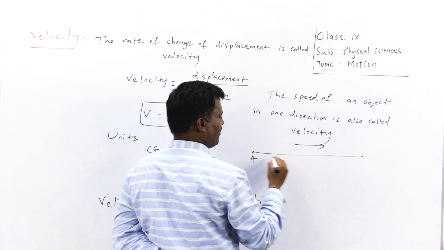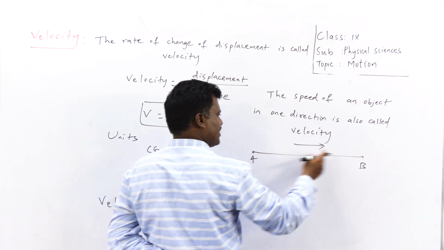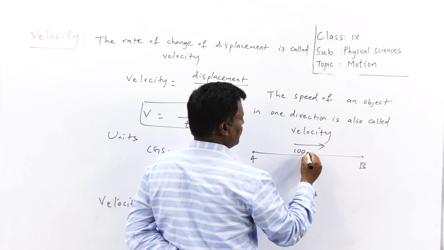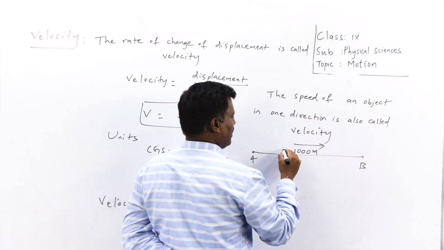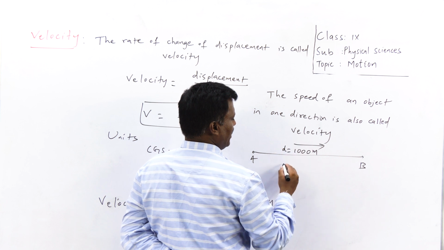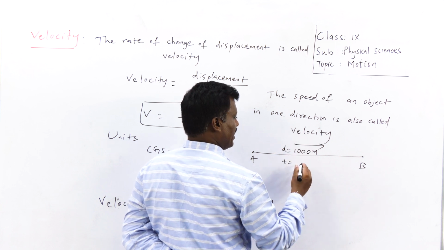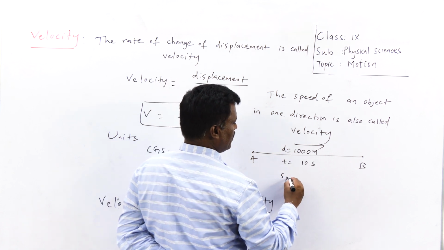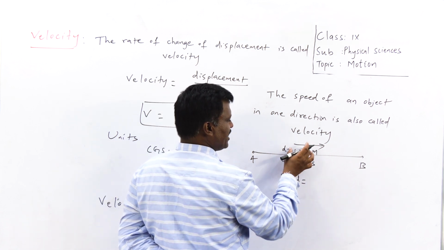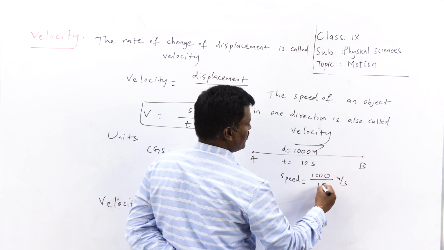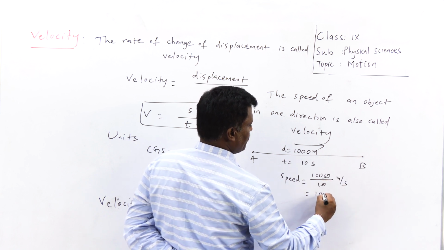For example, it travels from A to B. The distance traveled is, for example, 1000 meters. Let's say the time taken is equal to 10 seconds. Then what is the speed? Speed is equal to distance by time, 1000 by 10 seconds. Zeros cancel. 100 meters per second.